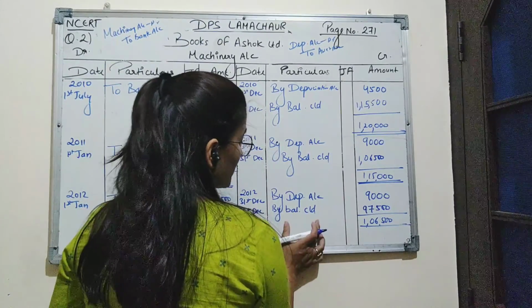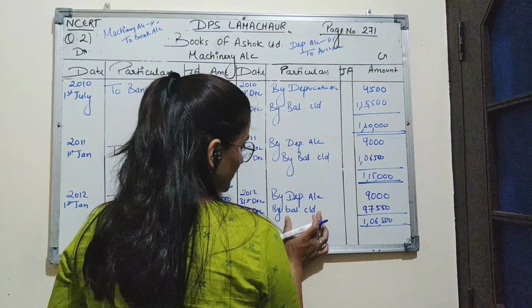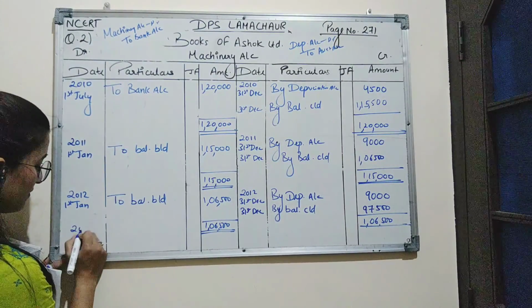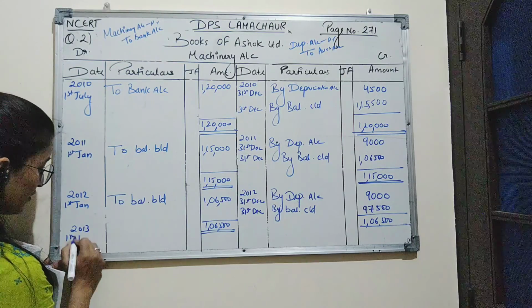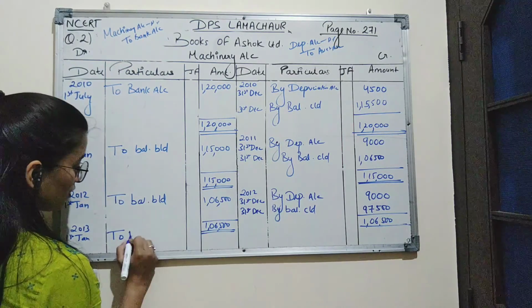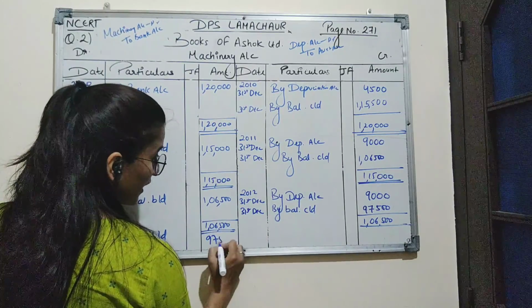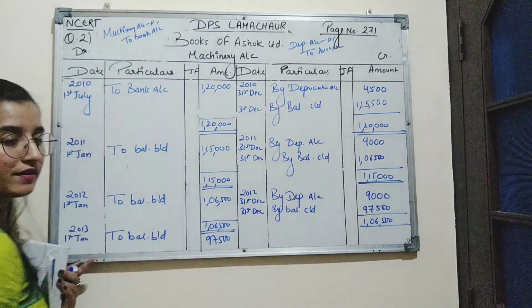So this closing balance is considered as opening balance in the next year. Next year will be 2013, 1st January. To balance brought down, amount is 97,500.